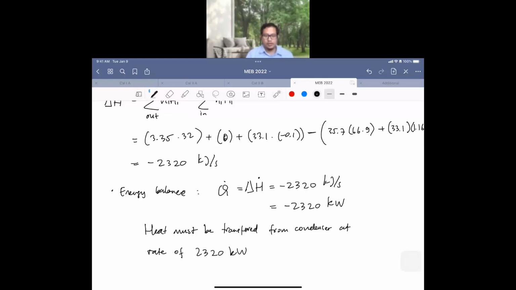So from the condenser this much needs to be released outside to achieve the required cooling and condensation.